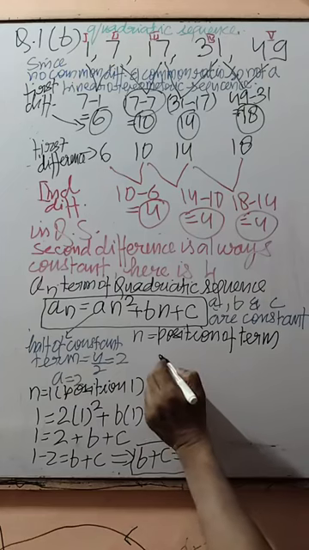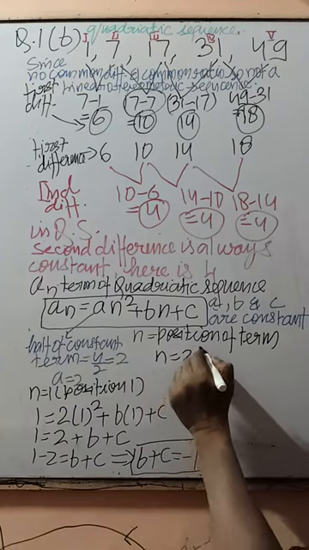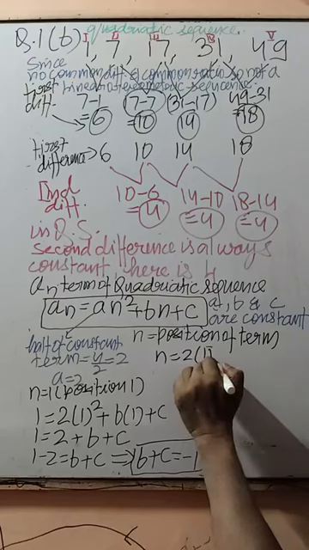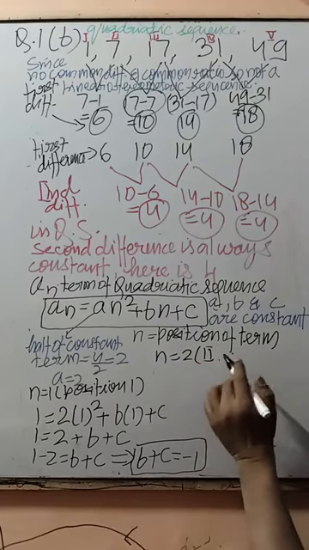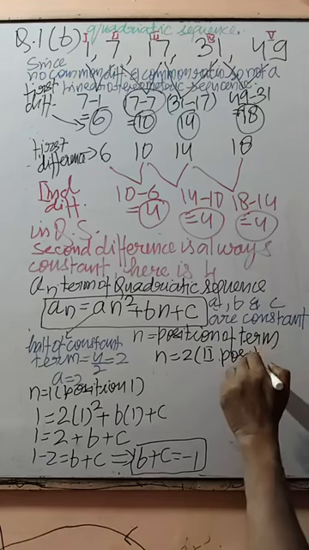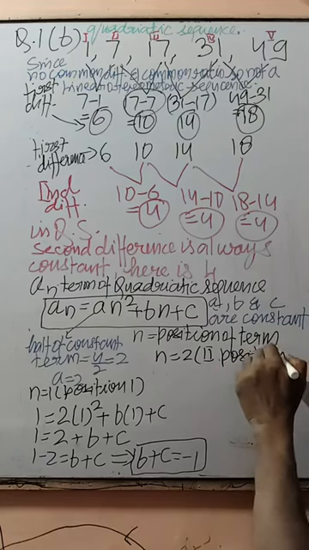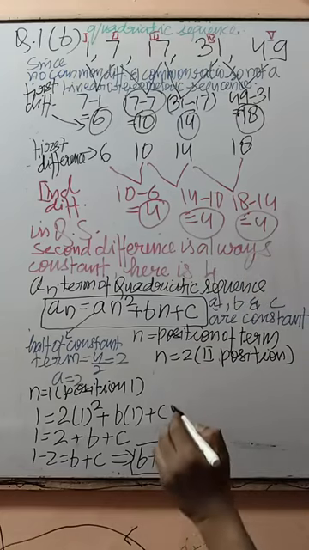Now, if n is equal to 2, meaning the second position, on the second position there is 7.